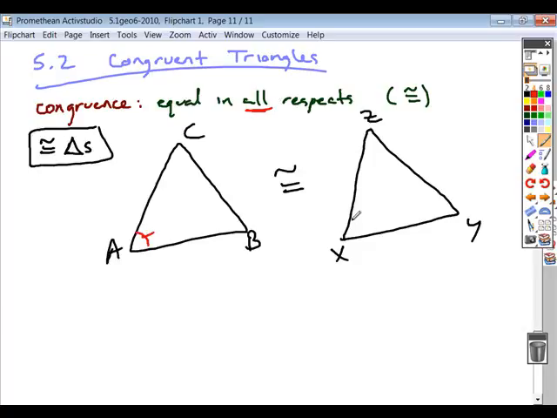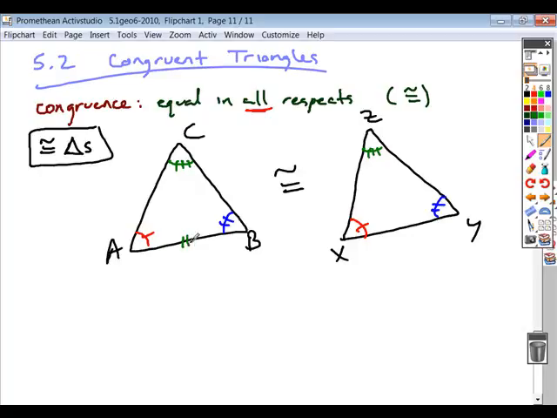So angle A, which corresponds here, if we were going just by the image, to angle X. Angle B corresponds with angle Y, so those are equal. Angle C corresponds with angle Z, so those are equal.